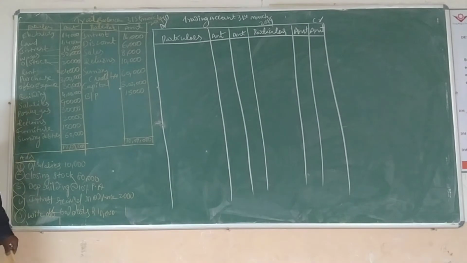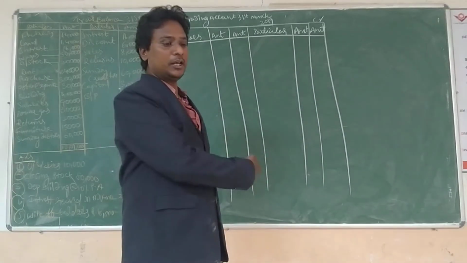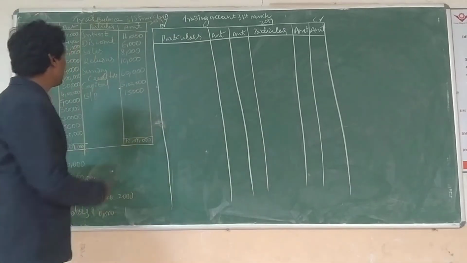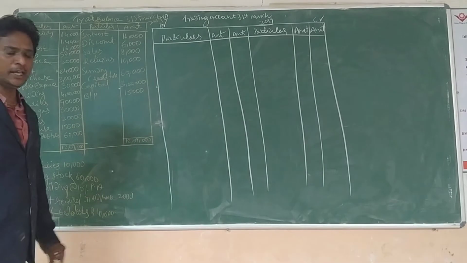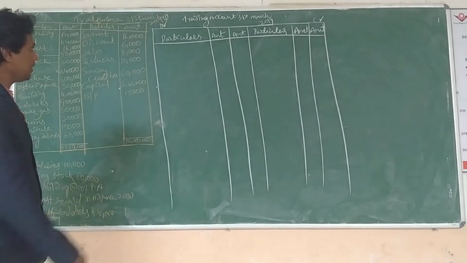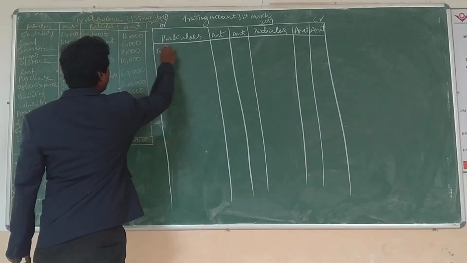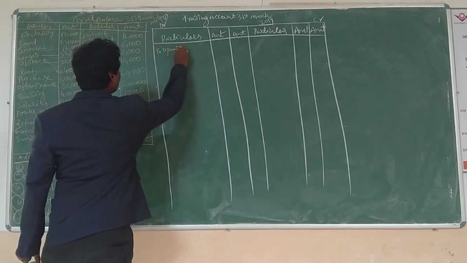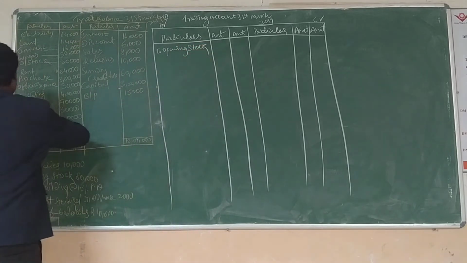Then how do we deal with the additional information, and how do we record it in the trading account? See, first in the trading account we need only direct expenses. The first one is opening stock. Where is opening stock?